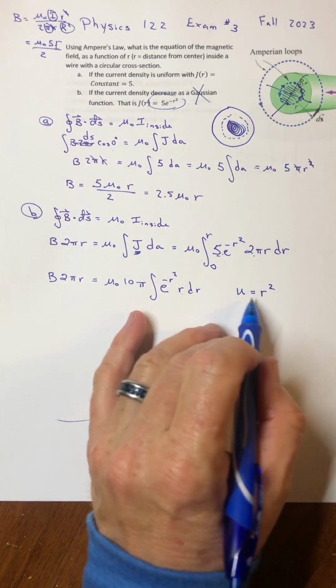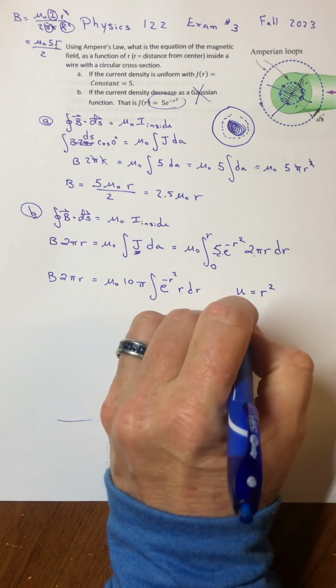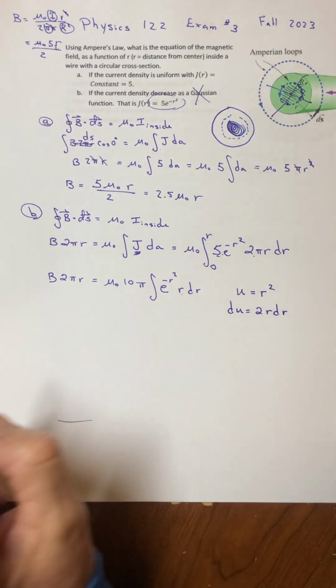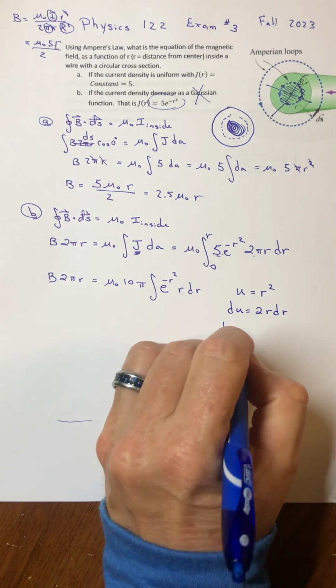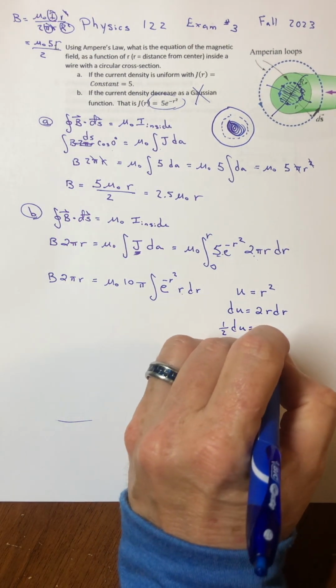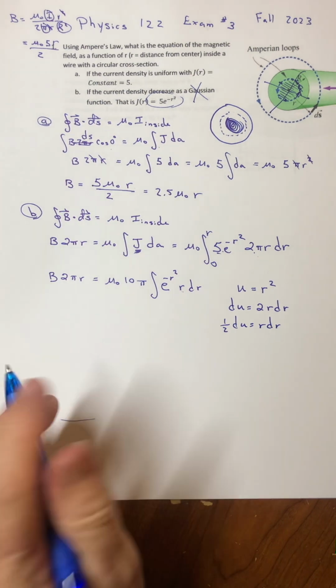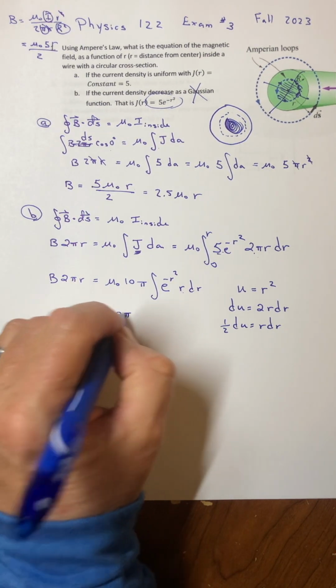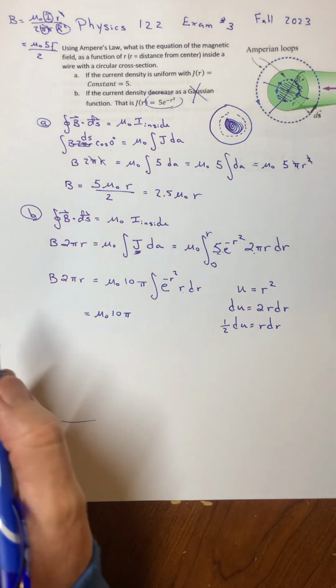So if I let u equal r squared, du becomes 2r dr, or 1/2 du is r dr. So I've got the mu naught, I've got the 10 pi here.